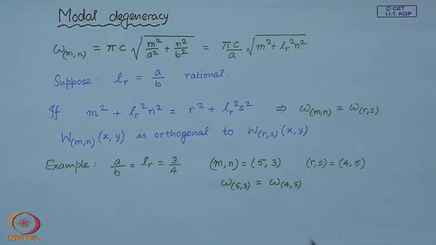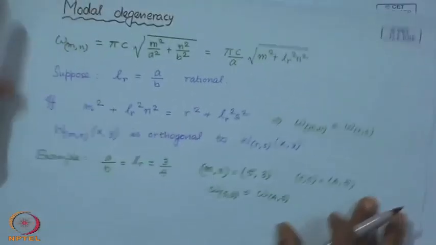But their eigenfunctions are orthogonal. Now, this is an interesting situation. So, this is known as modal degeneracy.